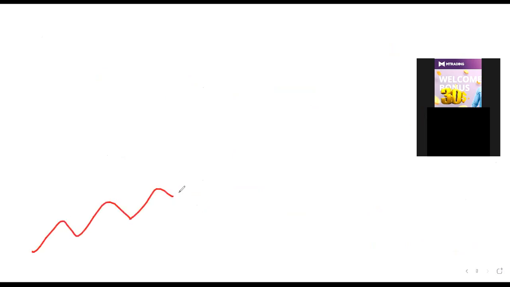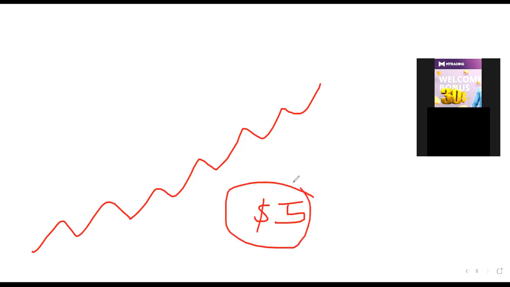They ask themselves, will I be charged positive swap or negative swap if I buy this currency pair? If the charge is huge, and maybe every night they are charged $5, and they want to hold this position for 100 days, it means that at the end of 100 days they have lost $500, whether the trade is in profit or in loss. So for many, that's quite an expensive trade.